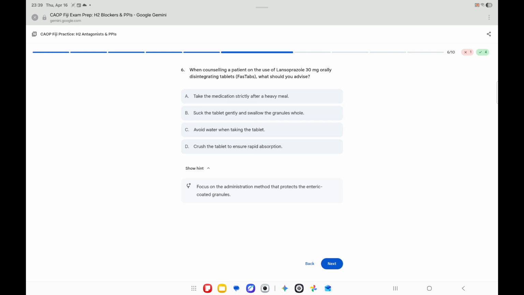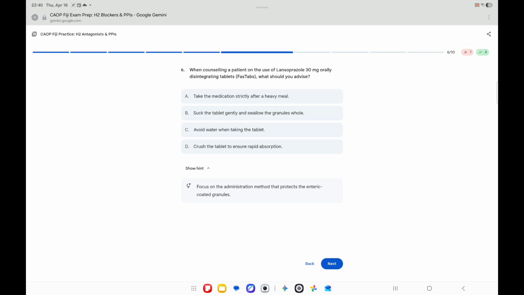So I think, as with all proton pump inhibitors, you can also observe the hint focuses on an administration method that protects the enteric-coated granules. If granules are coated, then we usually add one thing in the label: swallow whole, do not crush.